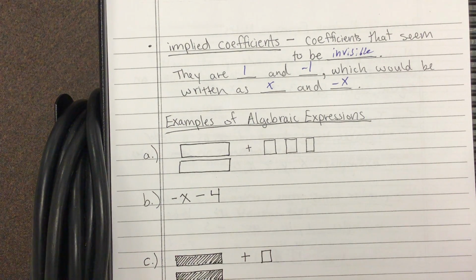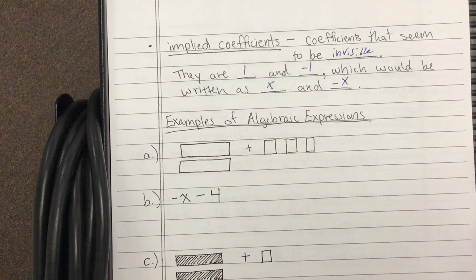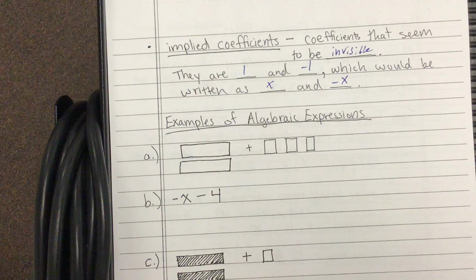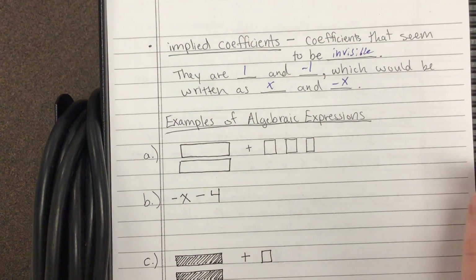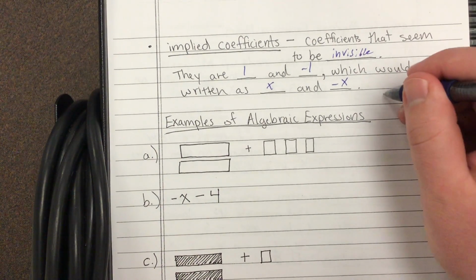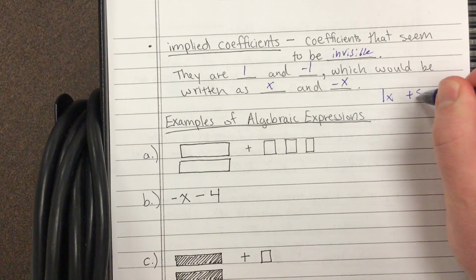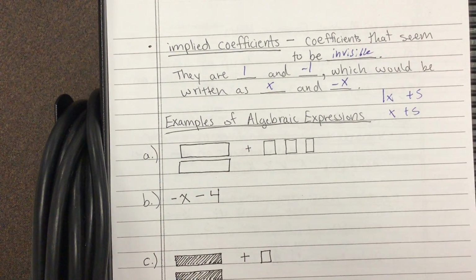So if we have a 1 in front, if a 1 would be our coefficient, we don't have to write that. We could just write x. Or if we had -1, we could just write -x. All right? You all okay with that? Yeah. So instead of writing 1x plus 5, we can just write x plus 5.